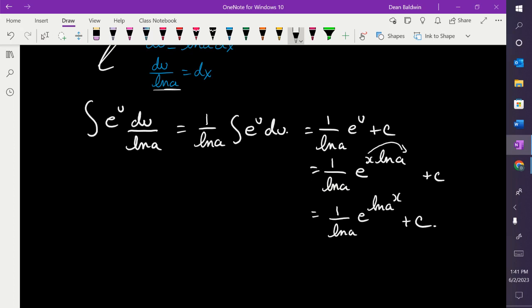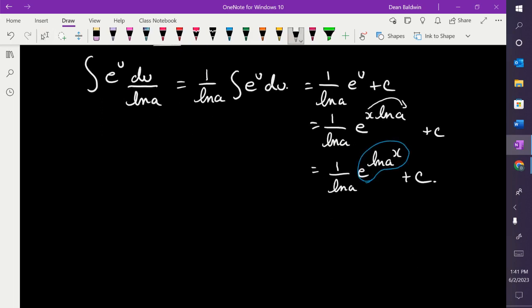Is everybody with me? Oh, we just put the exponent back up on there? Yeah, I just put the x back up to the exponent. What is e to the natural log of anything? It's the argument, right? So then this bit just becomes a to the x.